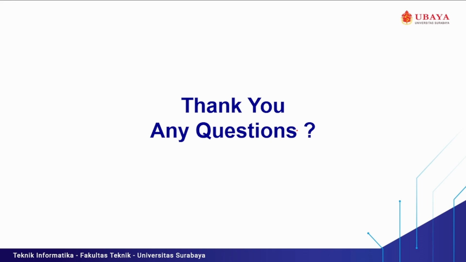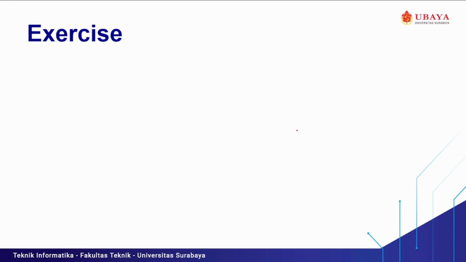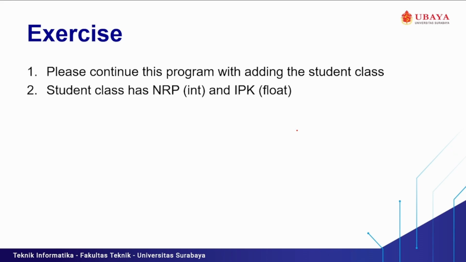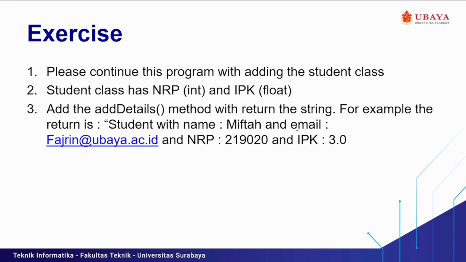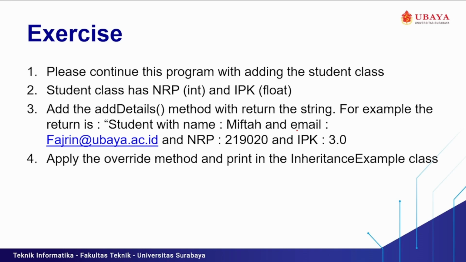If you don't have any questions, we have a little exercise here. Please continue the program that you have created by adding the student class, in which the student class has two attributes, nrp and ipk.